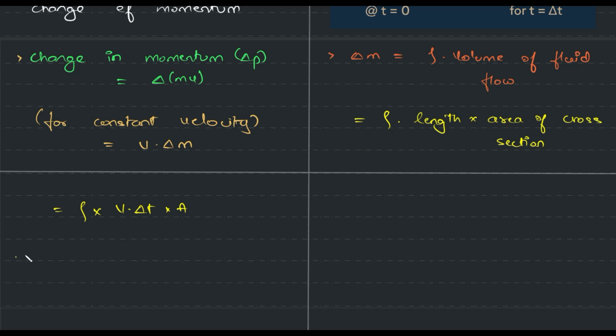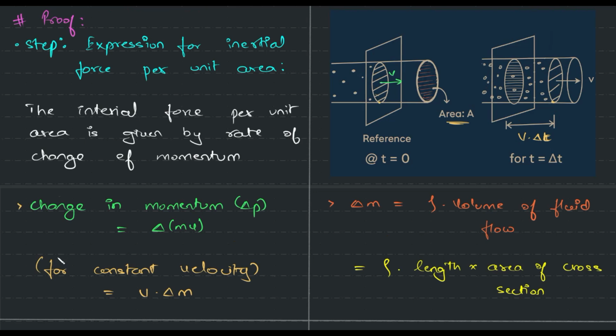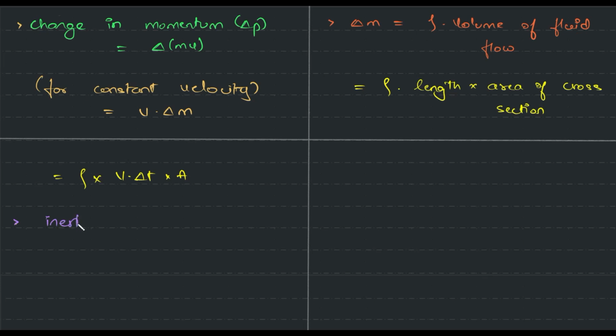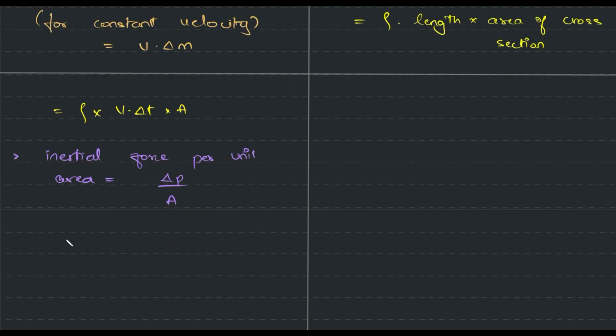Now, length is given by v into delta t, area of cross section is given by A, and that's your change in mass. Now finally we are looking at inertial force per unit area, which will be equal to rate of change in momentum divided by area.